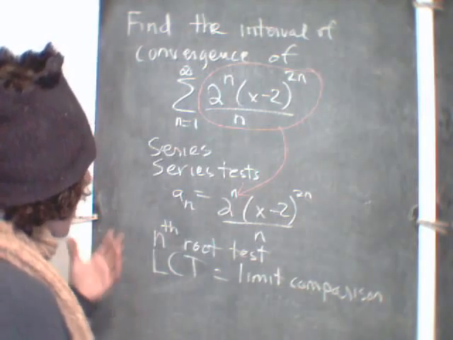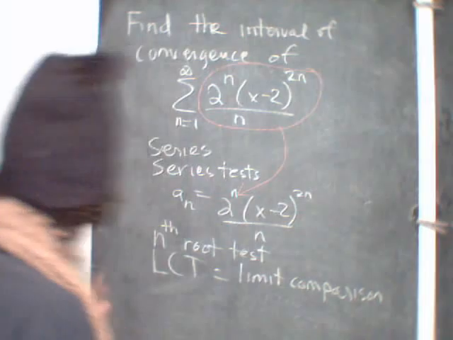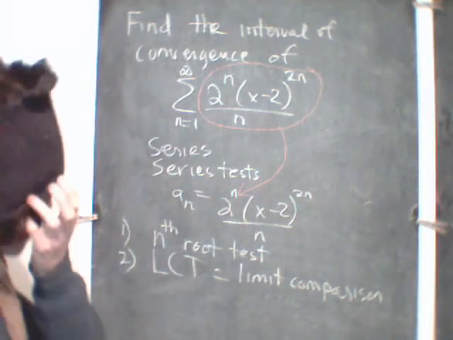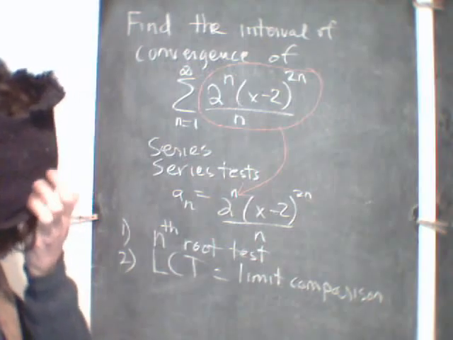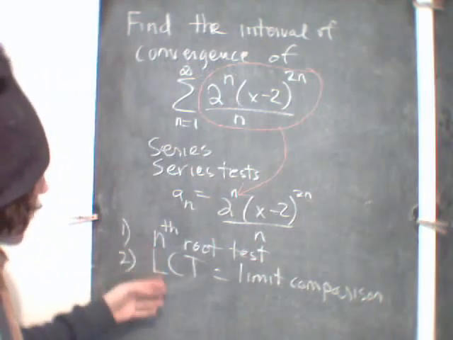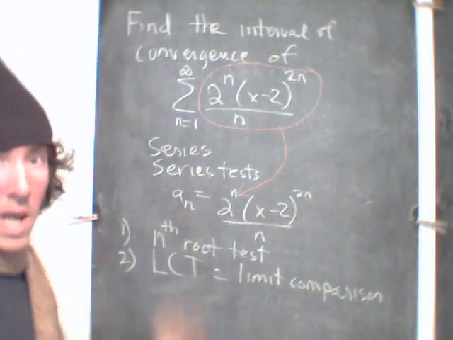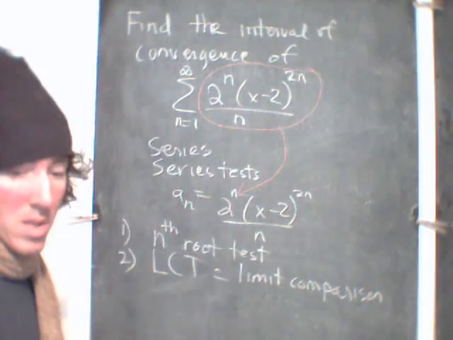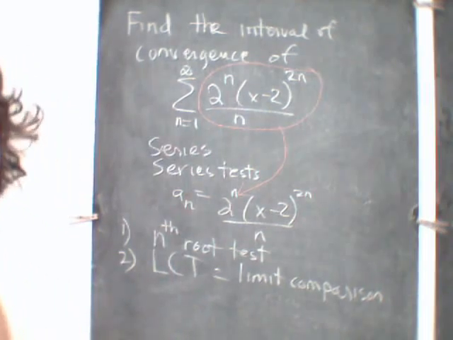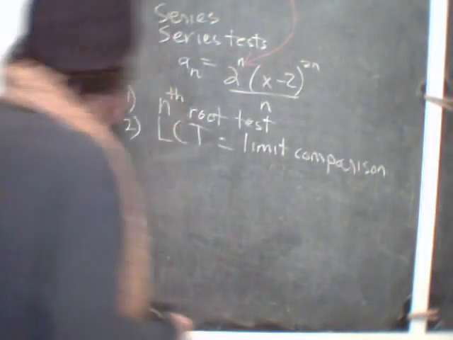Since I've worked the problem before, I'll tell you that either of these two methods will work, but I'm more inclined to go with the limit comparison test. That's the one I tried originally, so that's the only one I'm going to work here. The nth root test works very similarly, though not exactly.